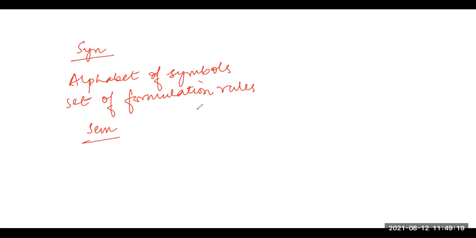And what is this satisfaction relationship, SAT? Suppose, given a model of a system, it is very important to determine whether an element of the semantic domain satisfies the specification, that is, whether it satisfies the syntactic domain.